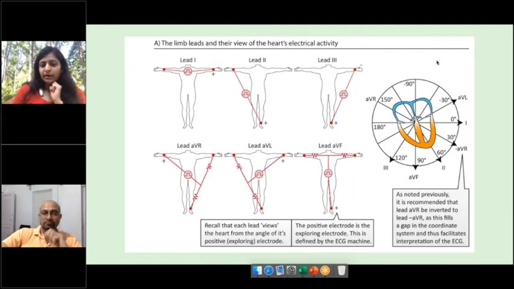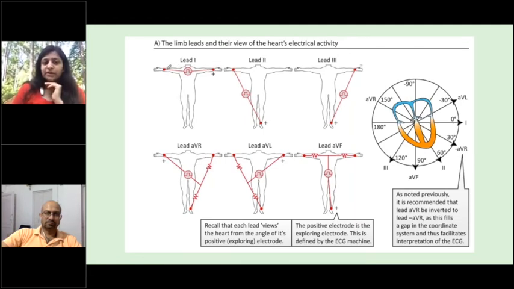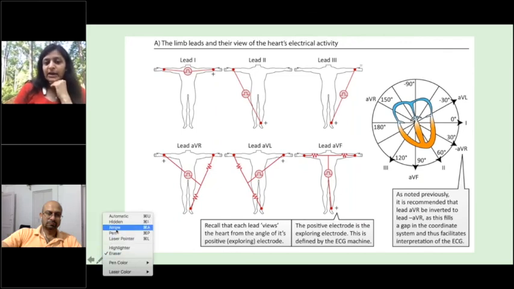You have lead 1, in which electricity is flowing from right arm to the left arm, and you're making a 0-degree angle with the heart. Okay, that is your lead 1. Even though on the figure it appears that it's going only from the arm, when you look at the figure on the right side, which is the circle with all the leads, that is the angle, or that is the axis it's making with the heart.